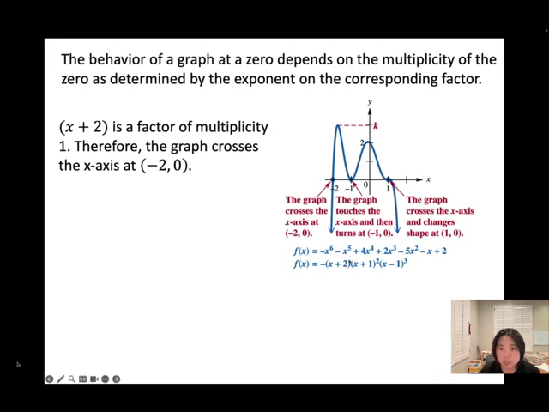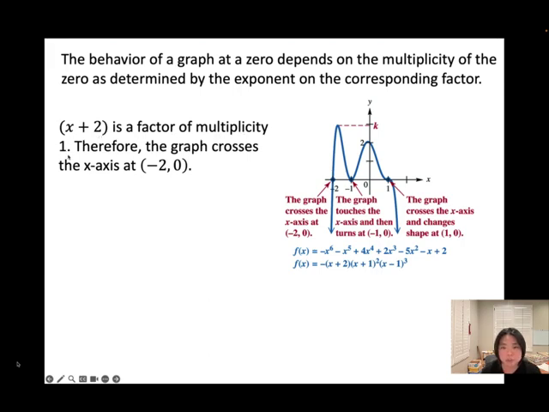It means we only have a first power here, x plus 2 to the power of 1. Then the graph is going to be crossing the x-axis at negative 2. The graph is going to be going strictly up or strictly down, because x plus 2 is a factor of multiplicity 1 here.